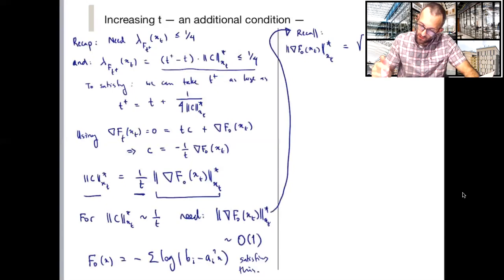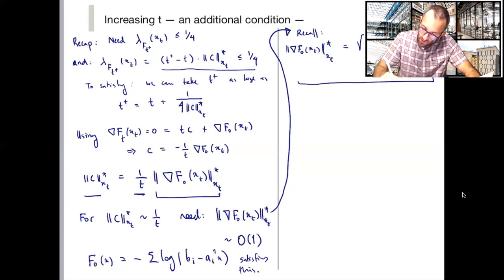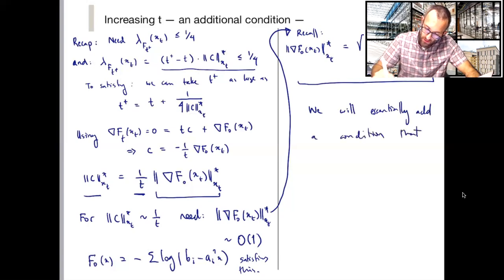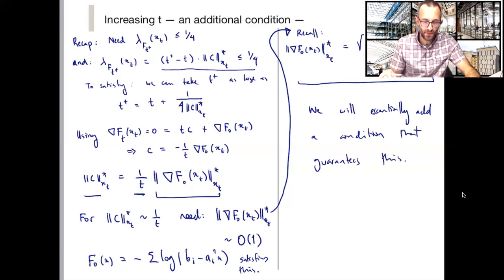So we will essentially add a condition that guarantees this. We've reduced it to the critical thing that we need, and this is the key definition.